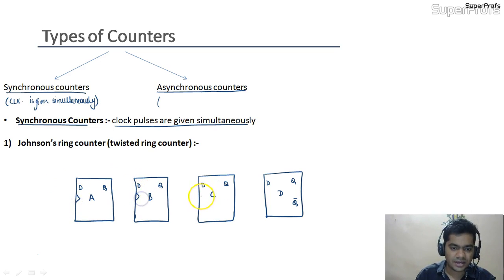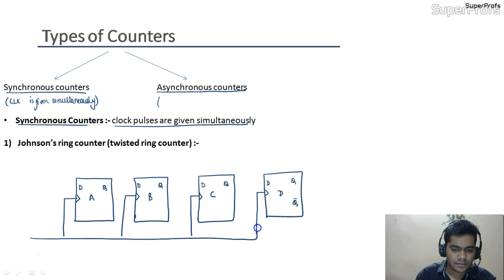We are doing the edge triggering of these flip-flops, so we are marking our triangle and doing positive edge triggering. So this is our clock pulse. As we can see, the clock pulse is given simultaneously to all the flip-flops.